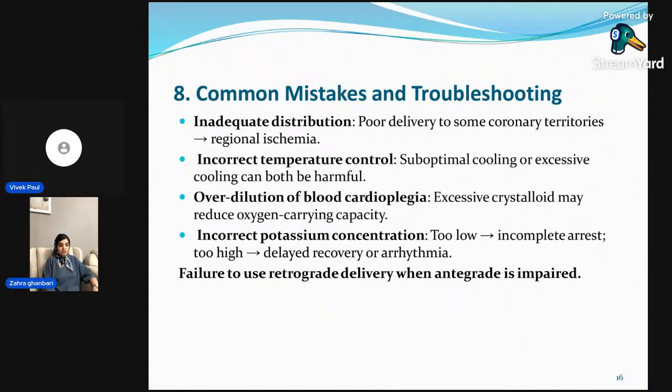The oxygen content formula is 1.34 multiplied by hemoglobin multiplied by saturation of oxygen, plus 0.003 multiplied by the pressure of oxygen. And the goal is to maintain DO2 greater than or equal to 300 milliliters per minute per square meter.